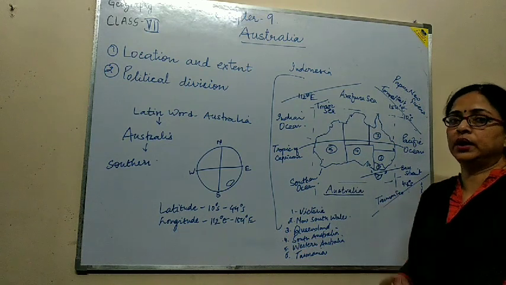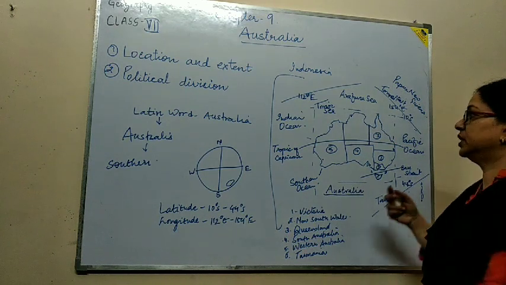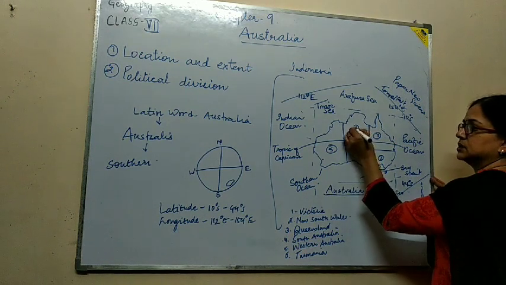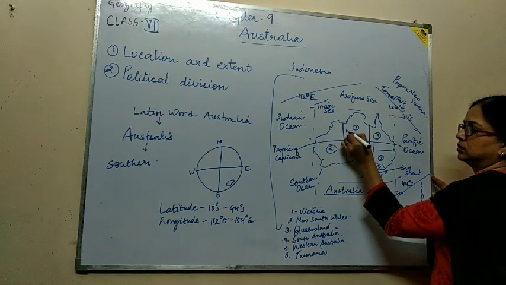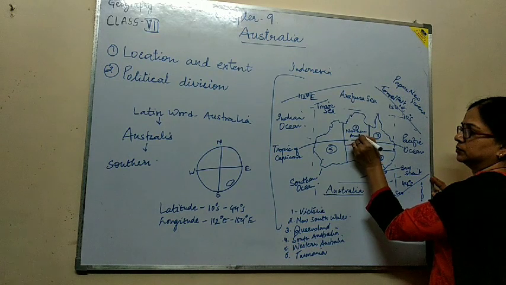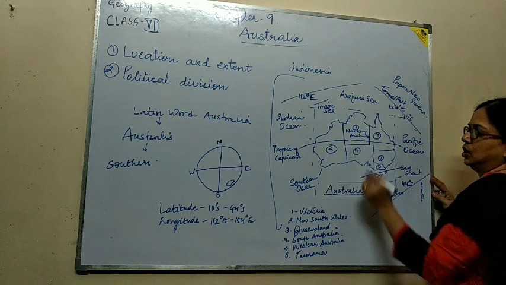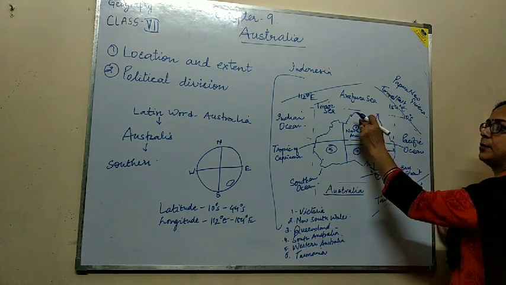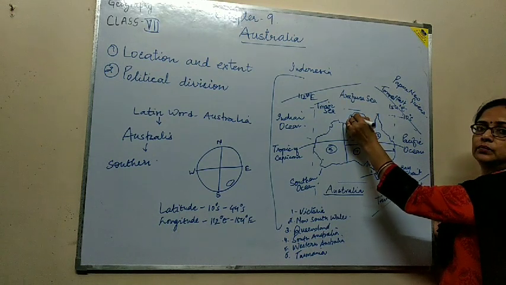Now, 2 union territories are there. Which are they? First one is Northern Australia, the capital is Darwin.